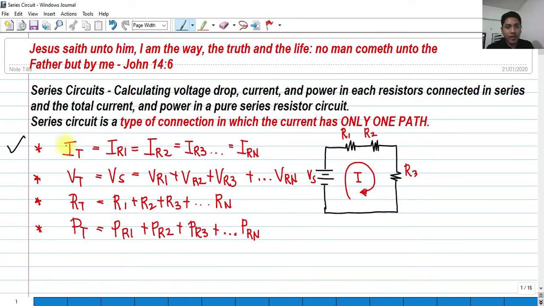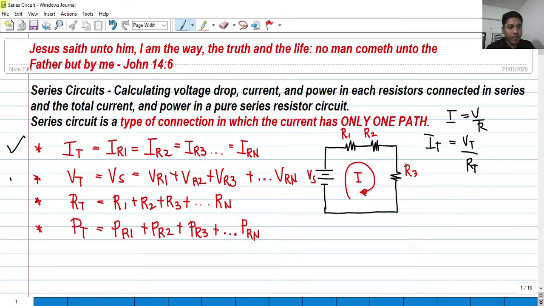The total current is computed by Ohm's law: I is equal to V over R. Since this is total, we use the total voltage, or the V sub S, the supply voltage, over the total resistance. So that's the relationship of the current in a series circuit. They have the same current through each resistor.